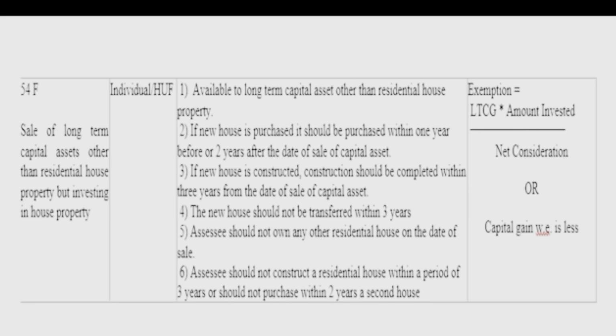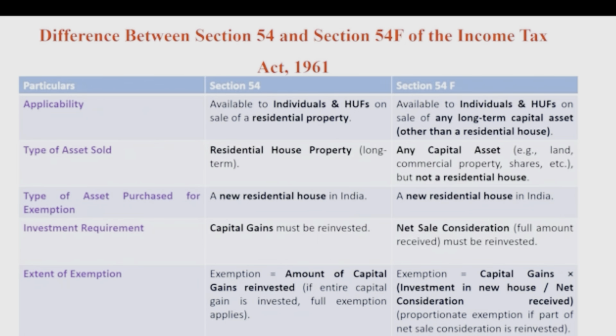Now let us see how Section 54F differs from Section 54. The first one, coming to applicability: Section 54 is available to individuals and HUF on the sale of residential property, whereas Section 54F applies on the sale of any long-term capital asset other than a residential house.